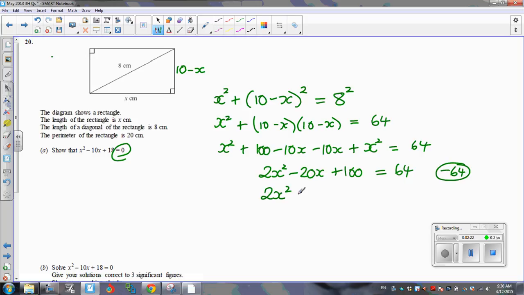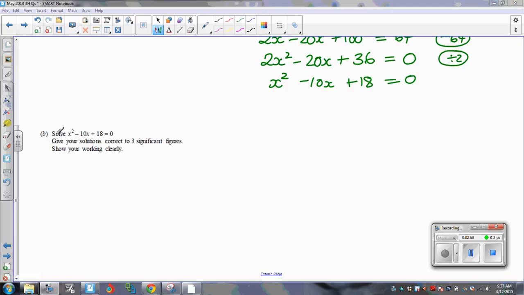And that's going to give me 2x squared minus 20x plus 36 is equal to 0. And I can see all I need to do now is divide everything by 2, and I can divide everything by 2 because I've got 0 on the right, and 0 divided by 2 is still 0. That's going to give me x squared minus 10x plus 18 is equal to 0.